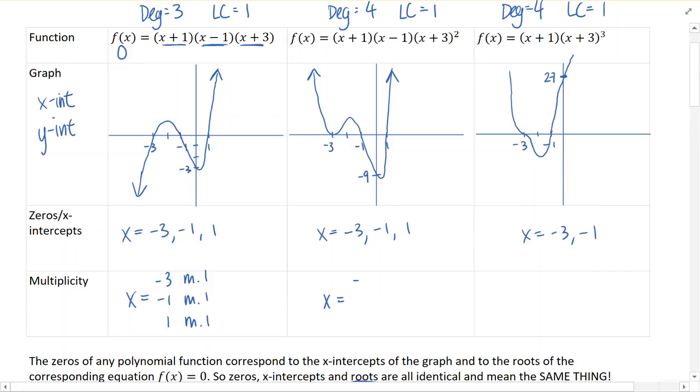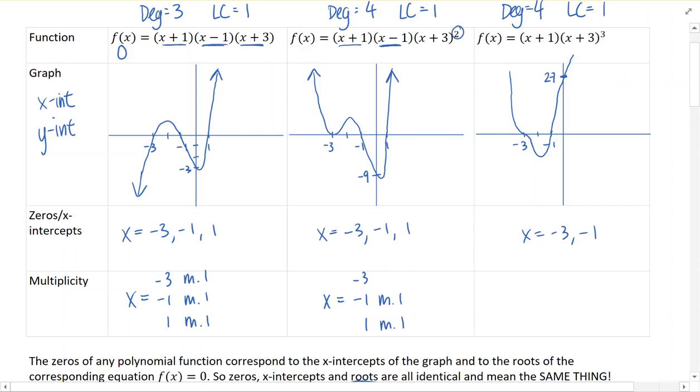Looking at our second one, well, x equals -1. Keep in mind you have to switch the sign when you're finding the root. So x equals -1 and 1 both just have 1 factor, so we call it multiplicity of 1.